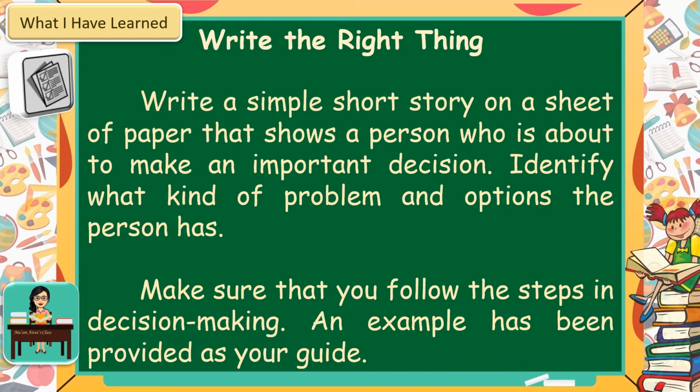Write a simple, short story on a sheet of paper that shows a person who is about to make an important decision. Identify what kind of problem and option the person has. Make sure that you follow the steps in decision making. An example has been provided as your guide.